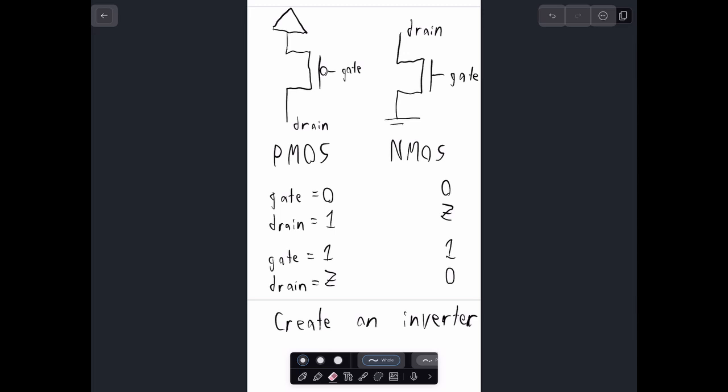So when we have 1 right here, we can effectively just think of this as a direct short to ground. And so there's no extra power dissipation that occurs within the transistor. And similarly with the PMOS, if I now set the input to 0, then the output is a direct short to the power supply.